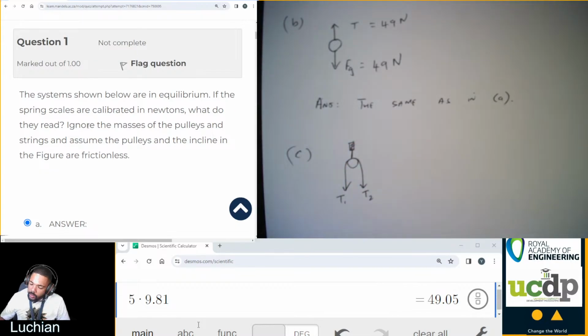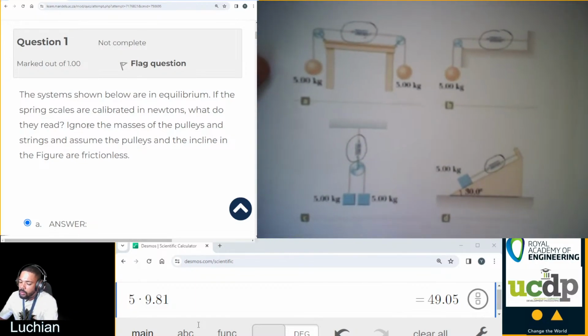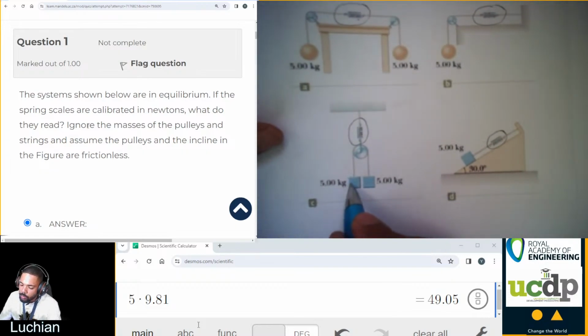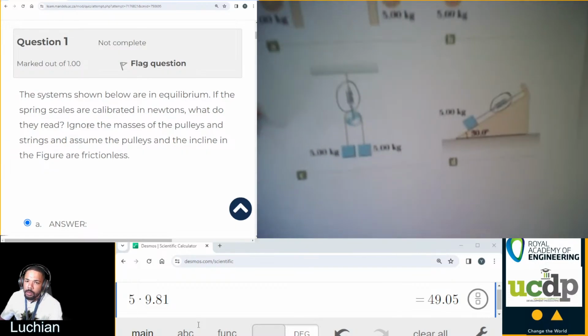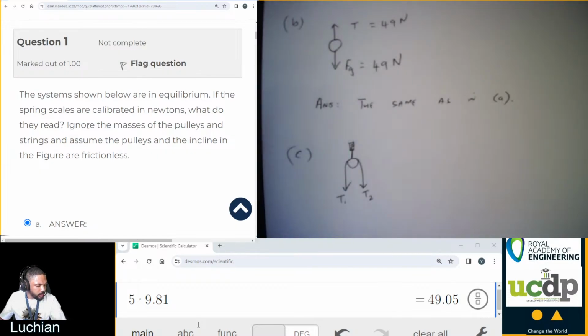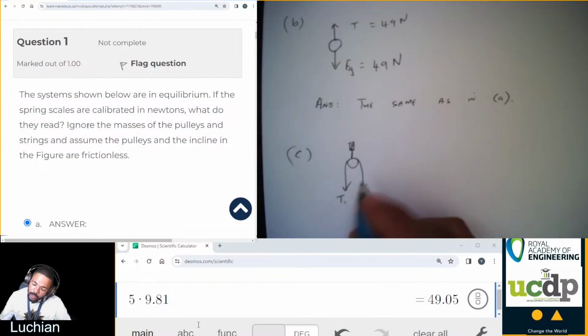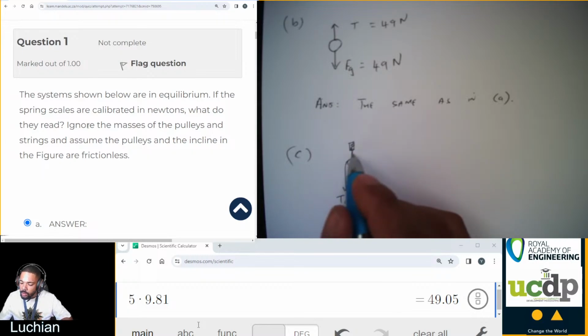In this case, you can isolate either mass again. This one is a 5 kilogram, that's also 5 kilograms, so you can pick one of them. Same as before. Or you can just easily isolate the whole pulley system.